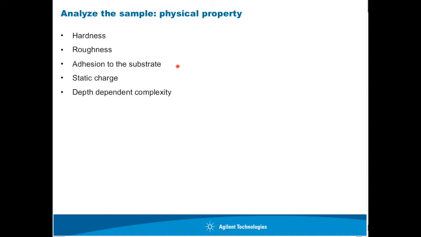You can use very different types of imaging mode. Some samples have static charge, and some have what we call depth-dependent complexity. It's a fancy word that stands for some polymers: when you push harder, the physical properties differ as you push into the sample itself.